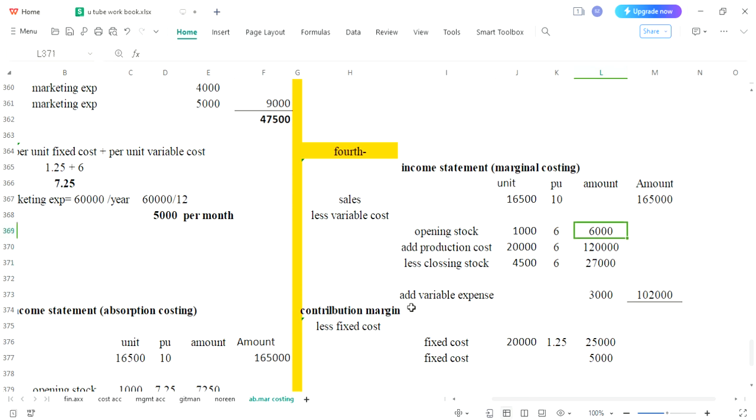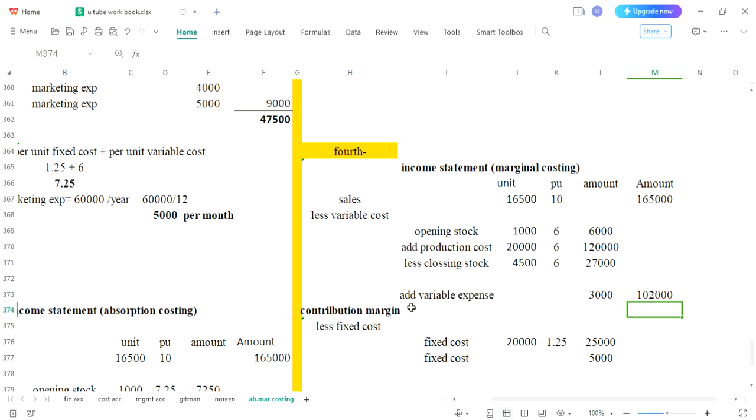So what we have done: opening stock 6,000 plus production cost 120,000 less closing stock 27,000, add variable expenses 3,000. You have got your total variable expense as 102,000. So in this way we have completed our variable expense.